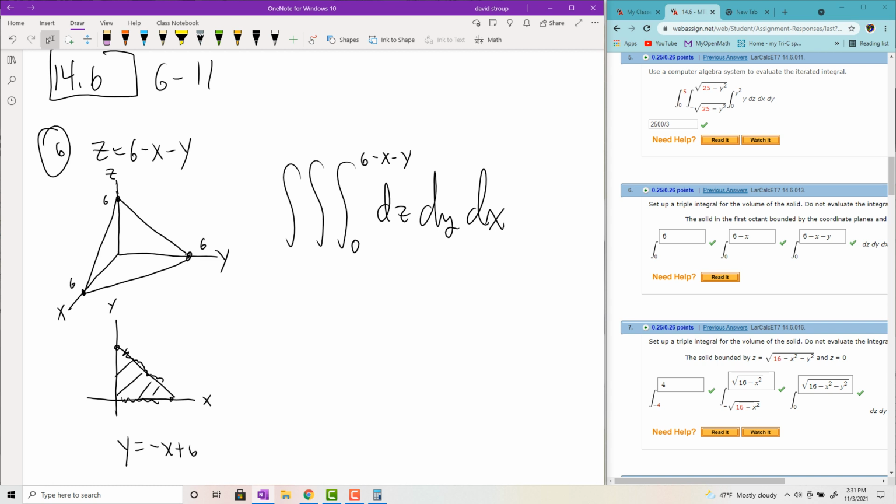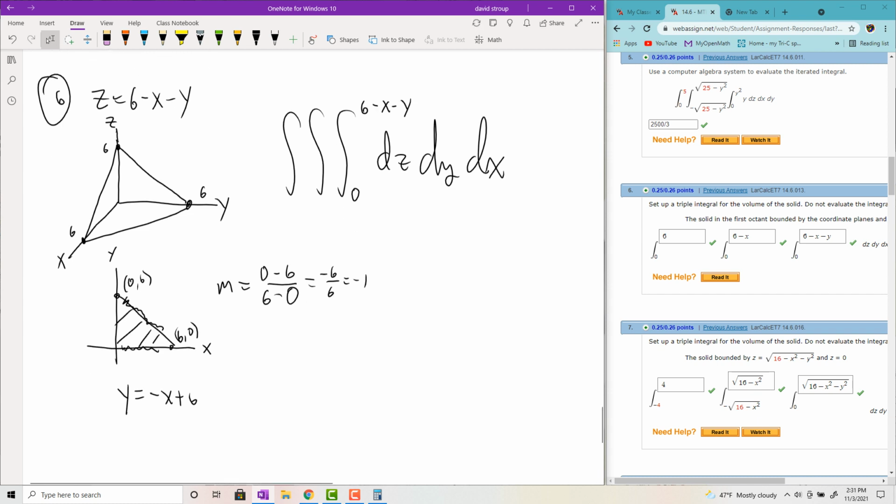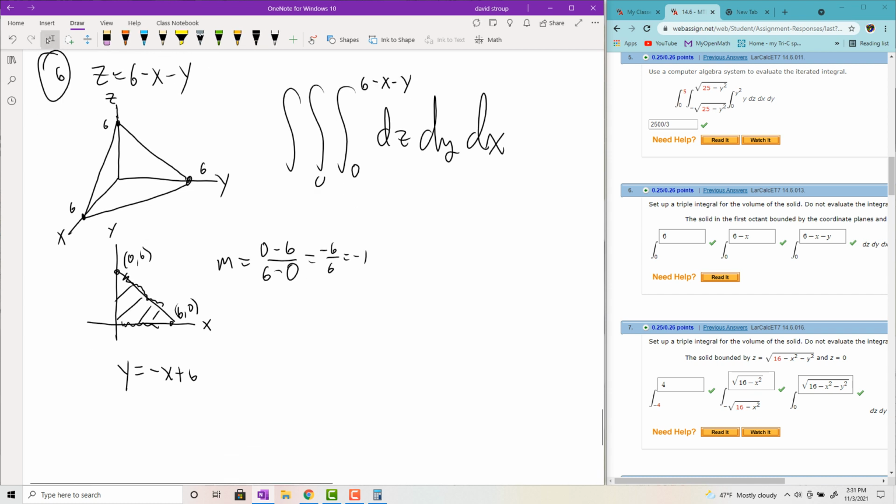If you don't know the slope, you can just use the points, 0, 6 and 6, 0. The slope will be y2 minus y1 all over x2 minus x1, so you get -6 over 6, and in fact, it's -1. Okay. So I want to go from y equals 0 to y equals negative x plus 6, and then I want to go from x equals 0 to x equals 6, and that would just set it up for me.